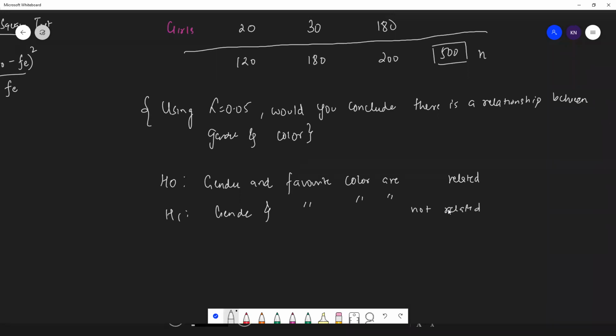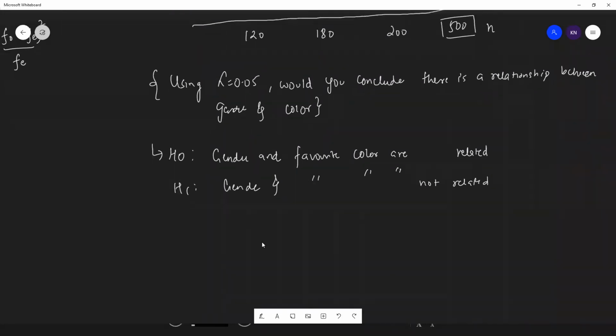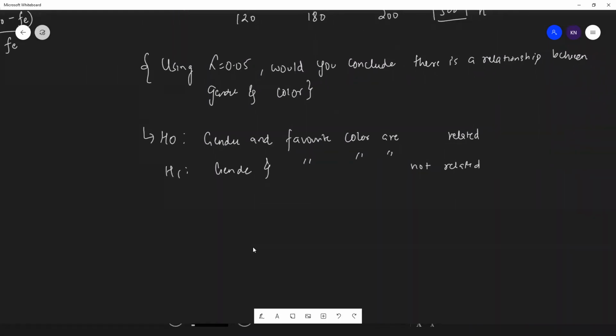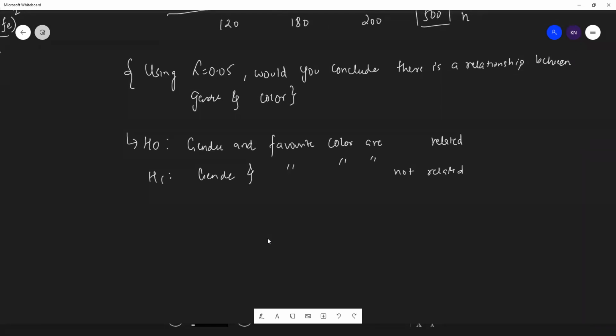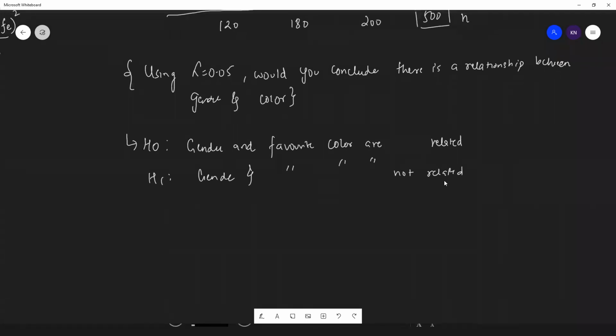Clear? Usually we select the positive statement over here, and the negation is selected as the alternative. Here the null hypothesis is that gender and favorite color are related, and the alternative is not related.